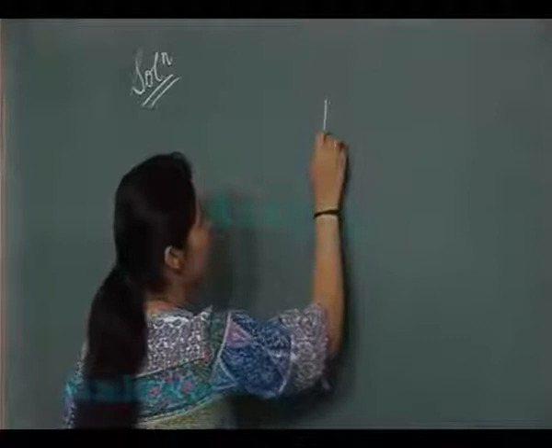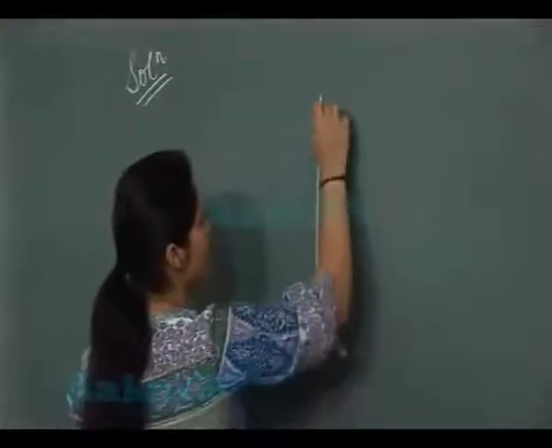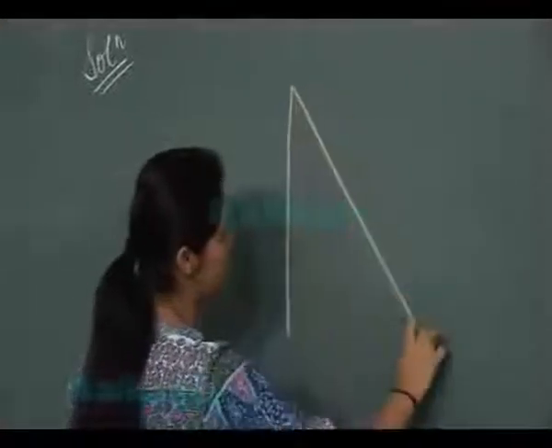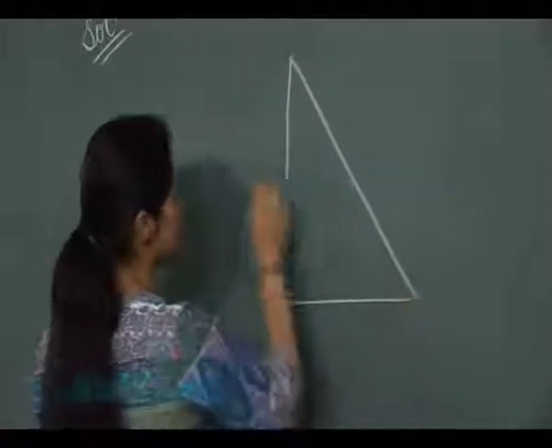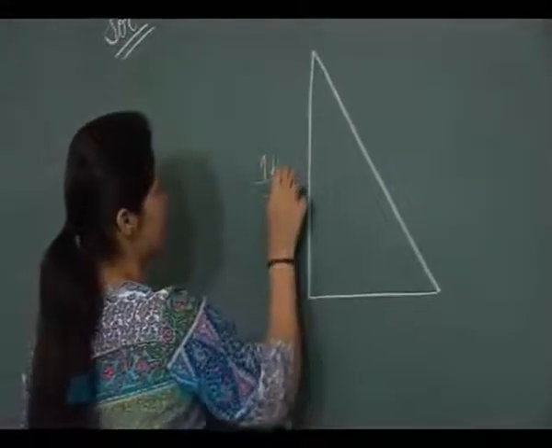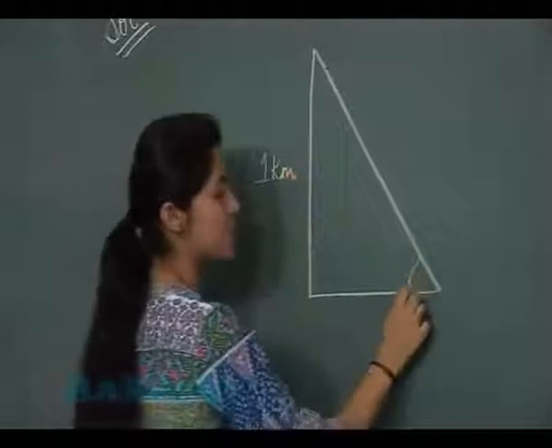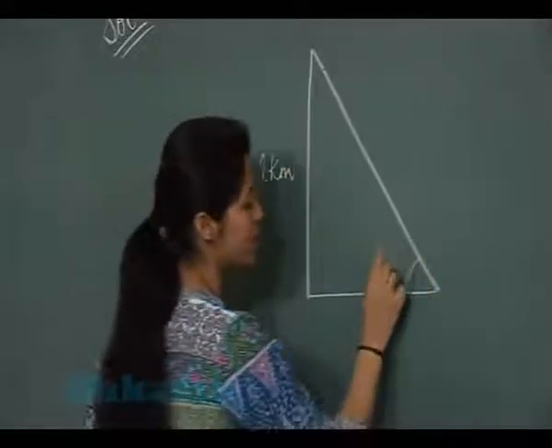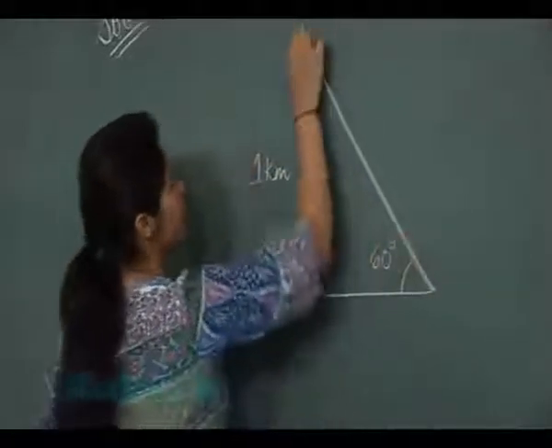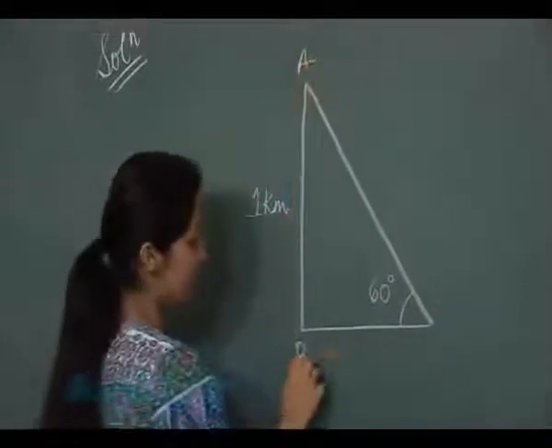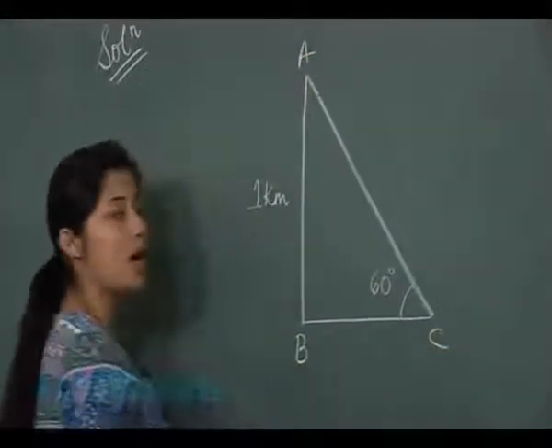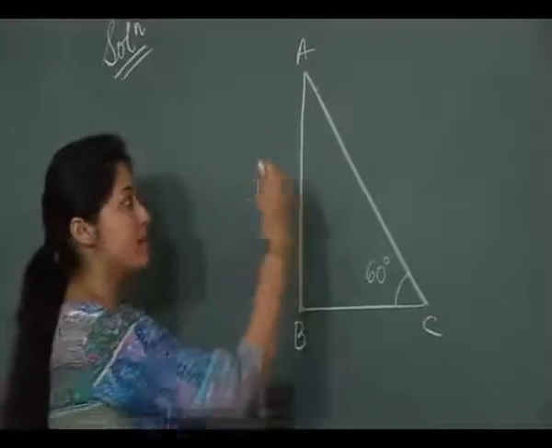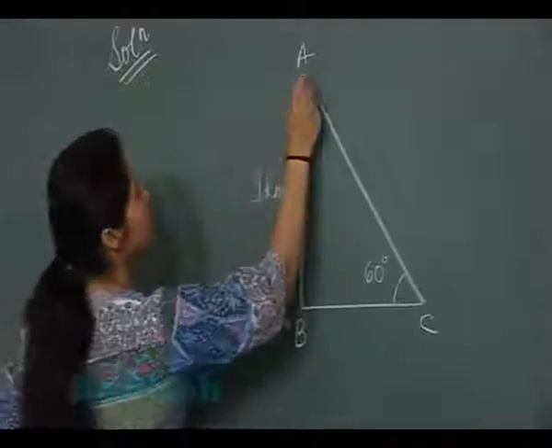Now, an aeroplane is flying at the height of 1 kilometer and its elevation is observed to be 60 degree. Now let us mark this triangle as A, B, C. Now we are given that the aeroplane is flying horizontally.